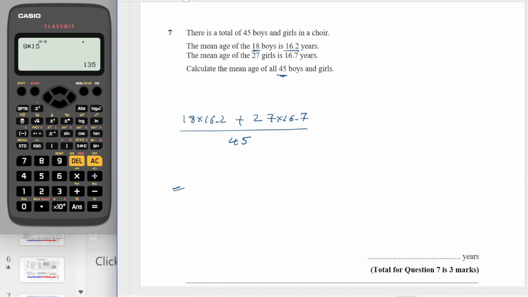And again, I don't tend to overly complicate this. I would type it in like that into my calculator. I've written what I'm going to type in. I then type it in. Double check that I've typed everything in correctly.